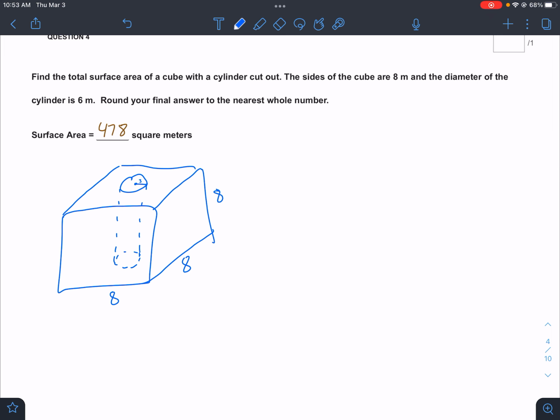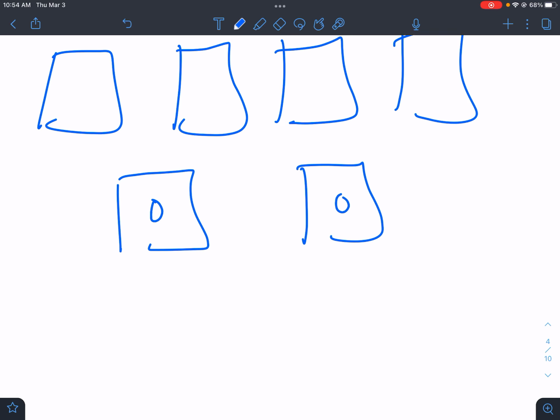Surface area. So we're going to find the total surface area. All right, this can be pretty tricky. If I were to draw all of the surfaces, I would have 1, 2, 3, 4 squares that are lateral, that are going around the shape. 2 squares that are bases, but those squares each have a hole in them.